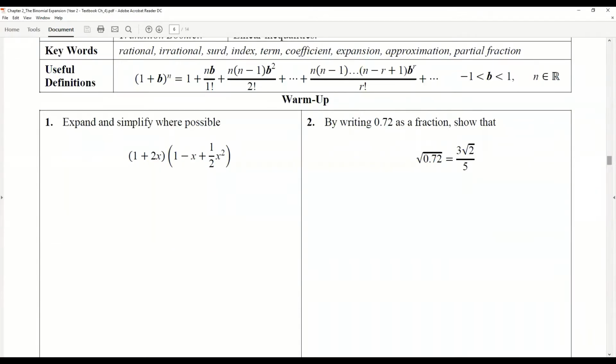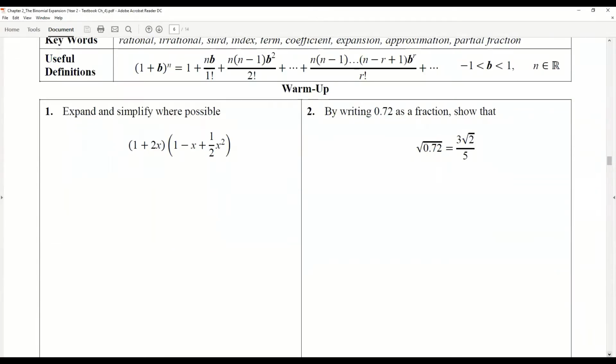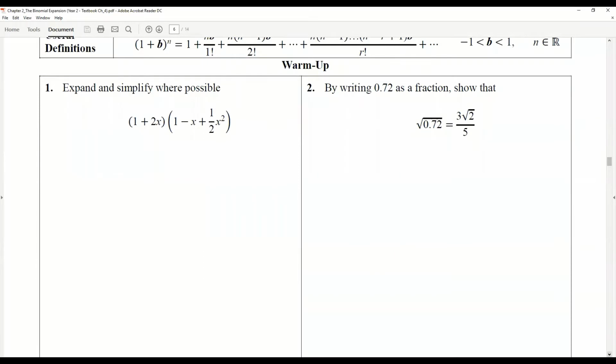Okay, let's have a look at question 1. So you've been asked to expand and simplify where possible. Now, if we have a look at the right-hand bracket, so we've got a quadratic expression there.